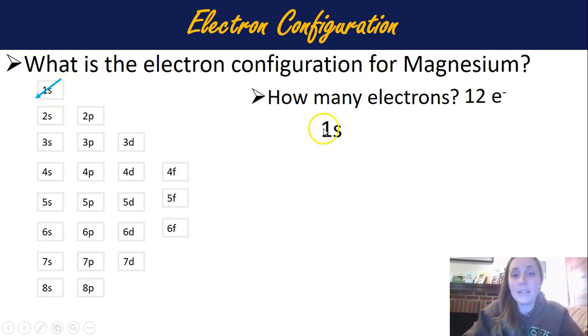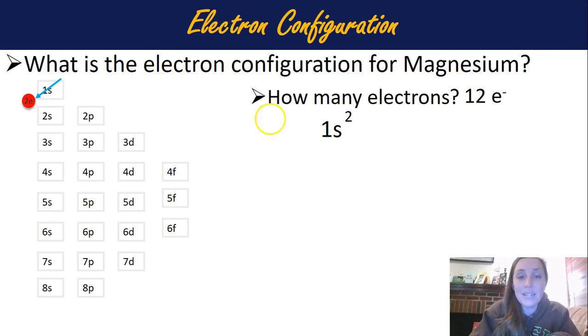So okay, write 1s. How many electrons can fit in this 1s? Well, 2 electrons can fit. Do you have 2 electrons to place? You do. So there you go, 2. You've used 2 of your 12 electrons, or placed them, said where they go. So you have 10 left. What's the next one? Okay, my next arrow is 2s. So I write 2s.